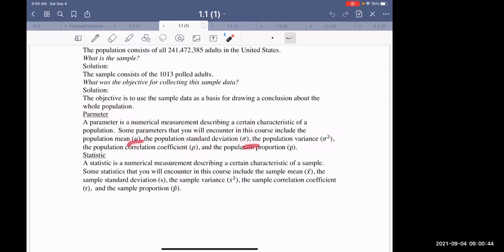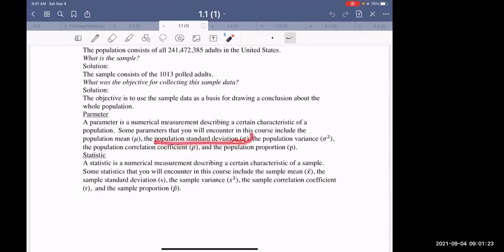So what you should notice here is that for parameters, there were Greek letters. Whereas for a statistic, they were regular Arabic characters. So there's these regular characters here. So S, R. Oh, and usually notice the corresponding Greek letter: population correlation coefficient, rho, the Greek letter for R, the sample correlation coefficient.